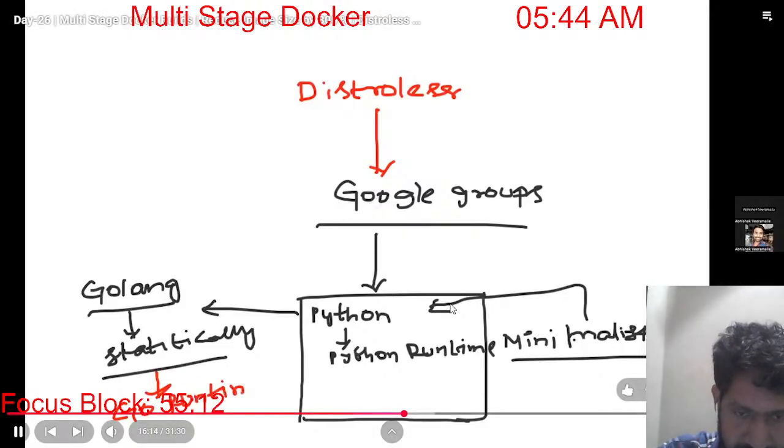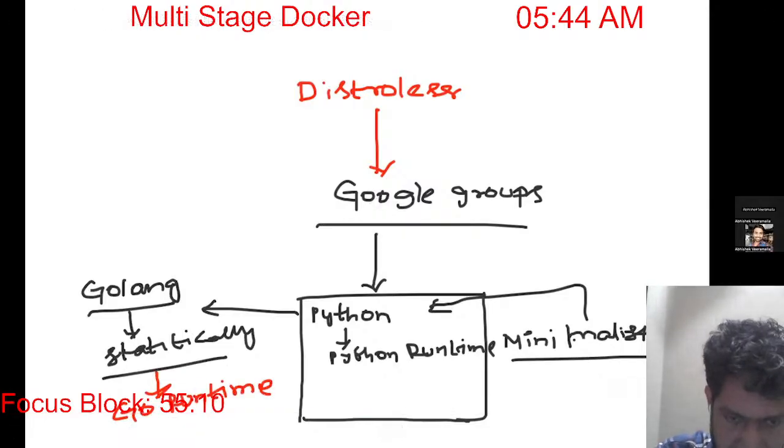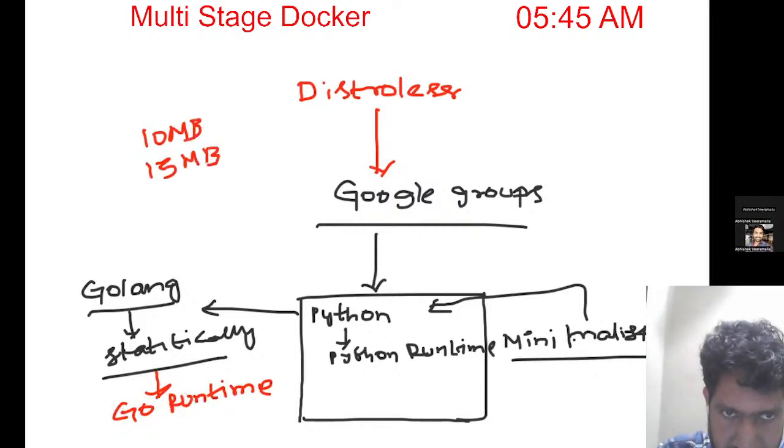Because of this, you can reduce your Docker image to typically some 10 MB or 15 MB in size. And this will be our practical as well.